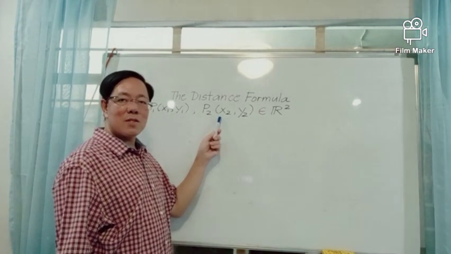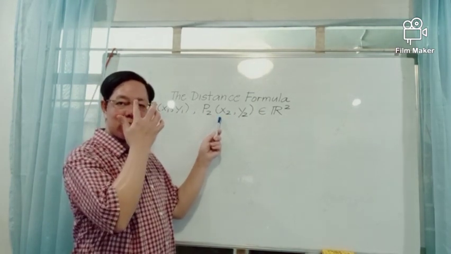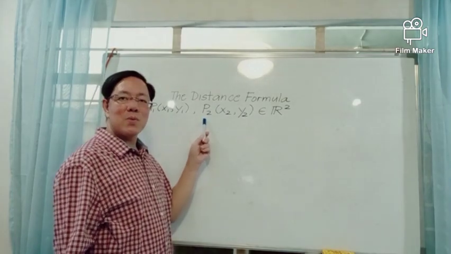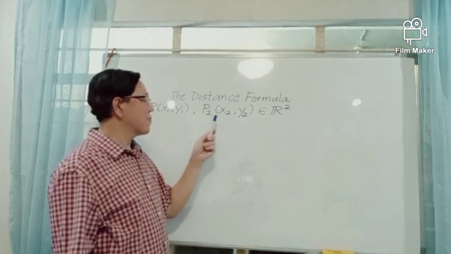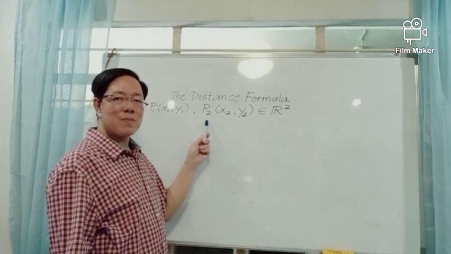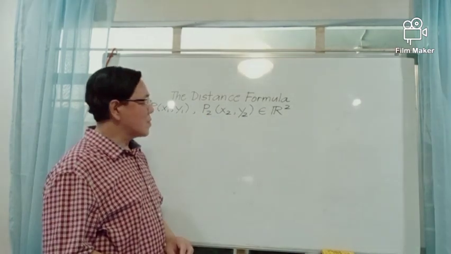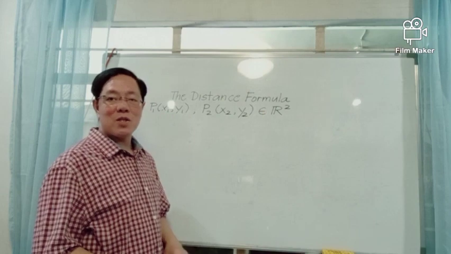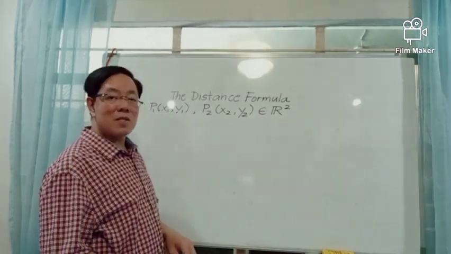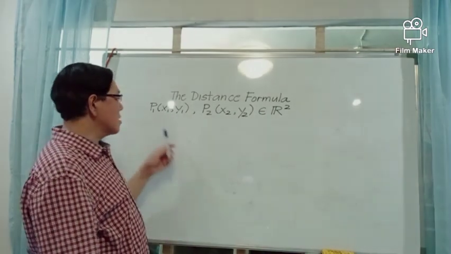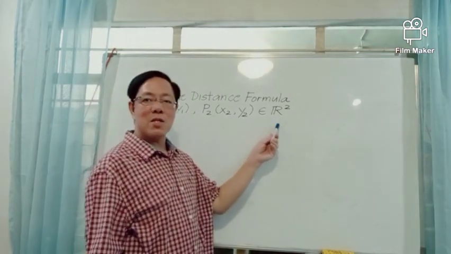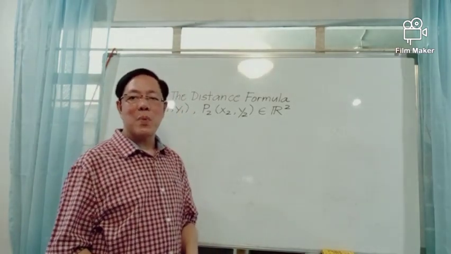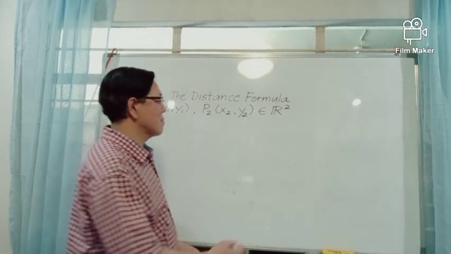That is, x2 is the abscissa of the point P2 and y2 is the ordinate of the point P2. To simplify our derivation of the distance formula, we take these 2 arbitrary points P1 and P2 in the Cartesian plane as 2 points in the first quadrant.